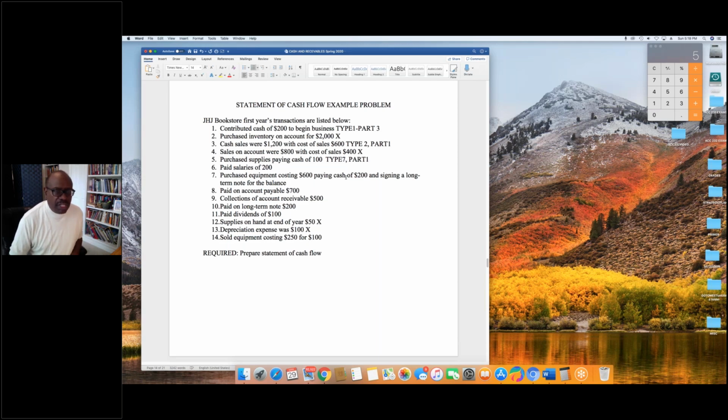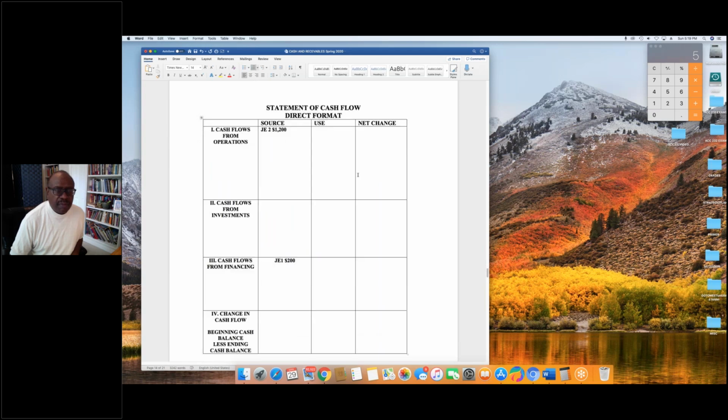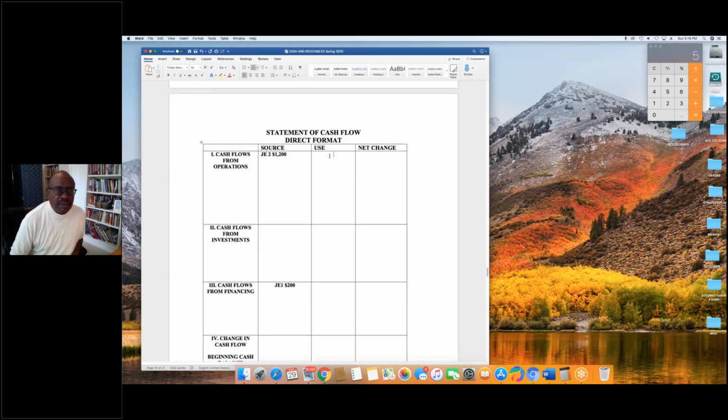Now, if it's a use of cash, those journal entries 7 through 10, they're going to be on the use side.